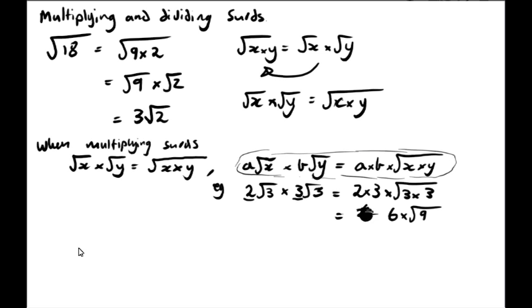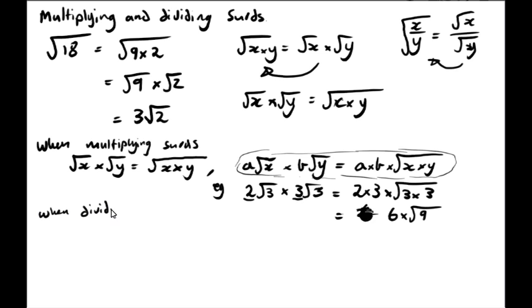So that's multiplying surds, and just like dividing, where we had the square root of one number divided by another was one over the other, we can also use the reverse. So when dividing, the first surd divided by the second surd could be expressed as the first number over the second.